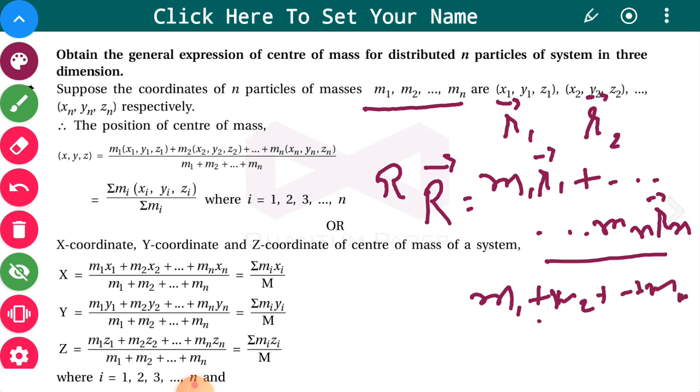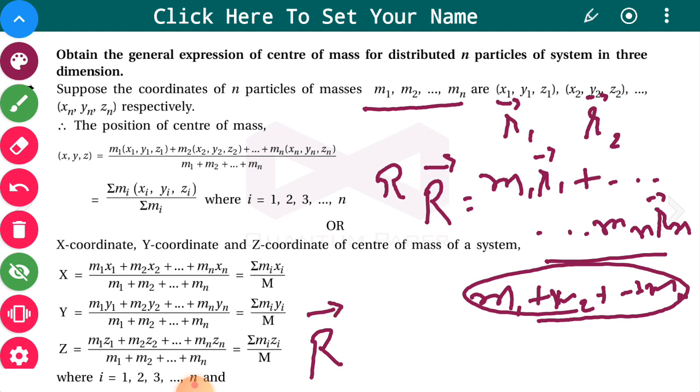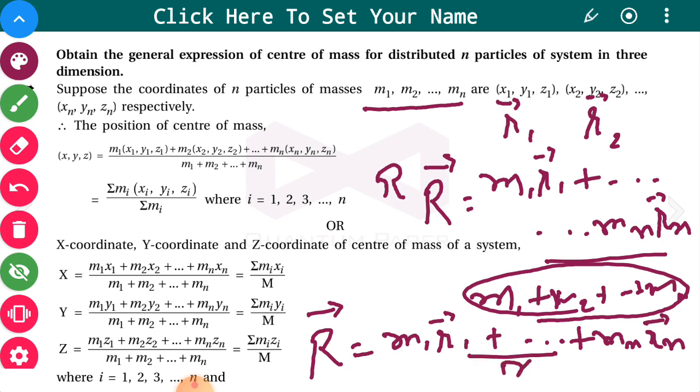And this is nothing but the total mass of the system, which is denoted by capital M. So we can write the position vector of center of mass as r is equal to m1 r1 plus up to plus mn rn upon the total mass of the system.